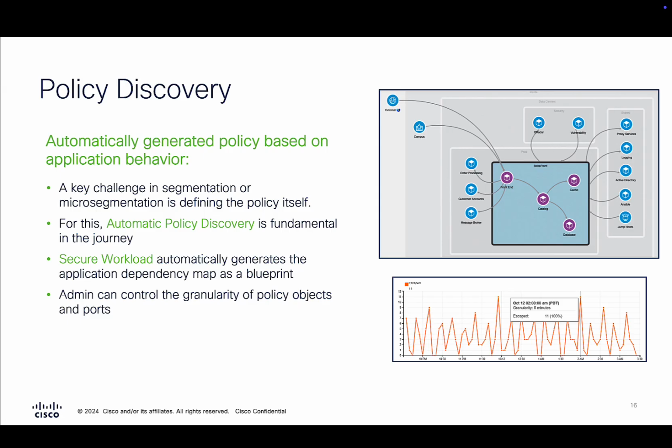It will build a policy for you. It gives you a nice visualization of that policy, as you can see on the slide here. And that policy is basically the segmentation policy that is available for you to further analyze, test, and enforce. So step one is building the policy. So Secure Workload has a policy discovery tool that allows you to build the policy.